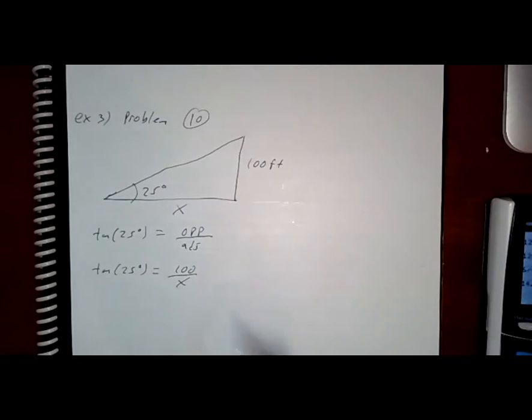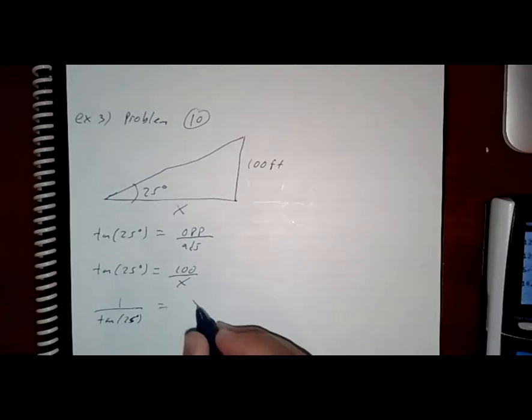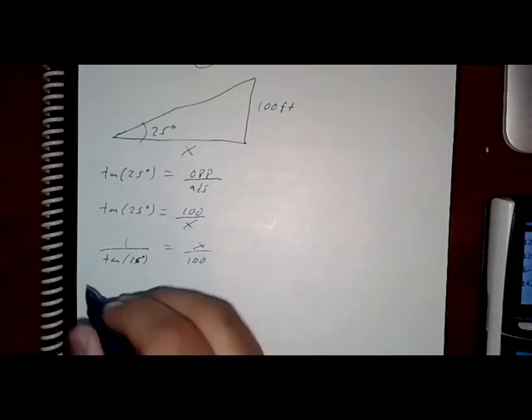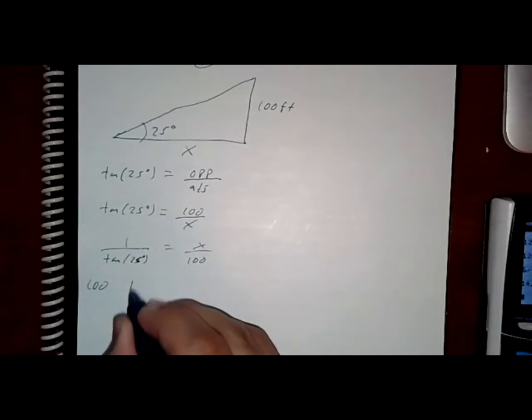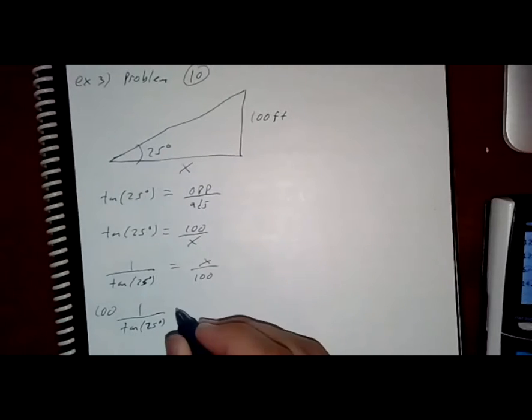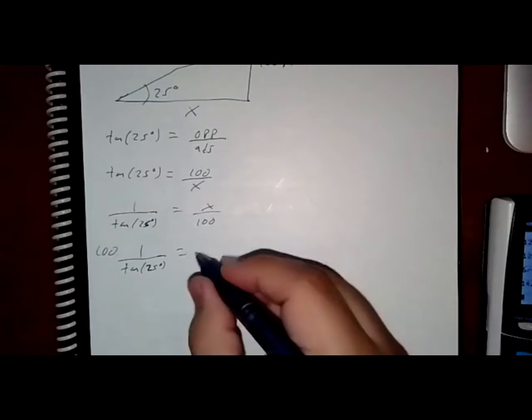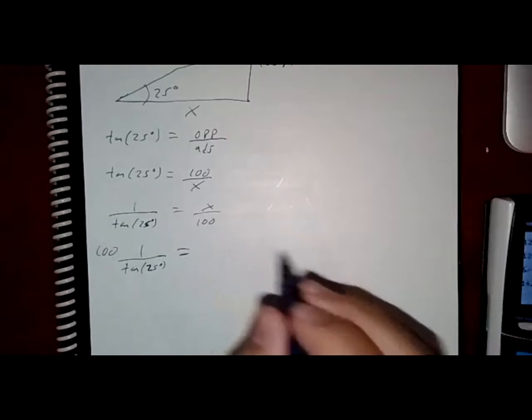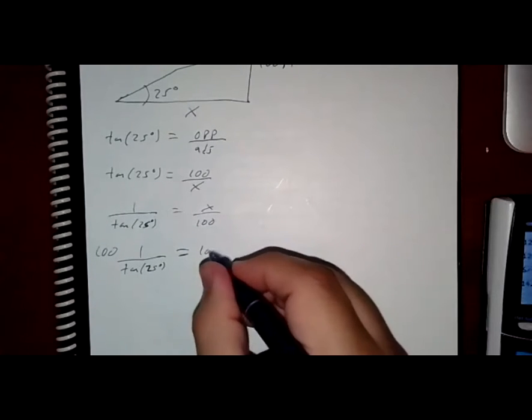So now just flip both sides over and take the reciprocal. So 1 over tan 25 equals x over 100. Now solve for x. Multiply both sides by 100.